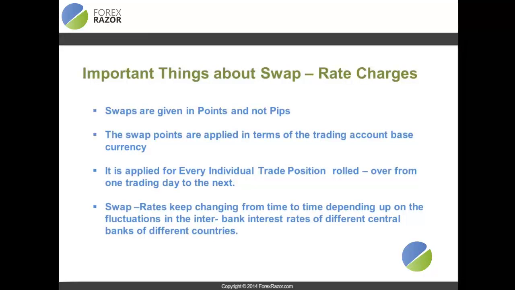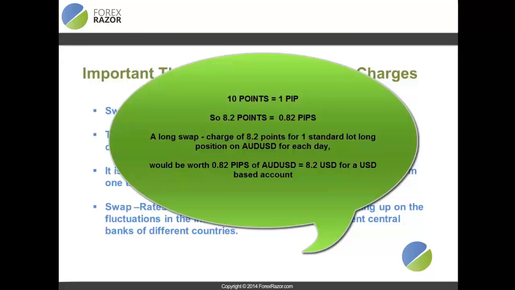These swap points are applied in terms of your trading account-based currency depending upon the size of your trade position. So for example, a long swap of 8.2 points on the Aussie dollar for a one standard lot position would be worth 0.82 pips equivalent of your account-based currency. So for a USD-based account, this would be equal to 8.2 US dollars.